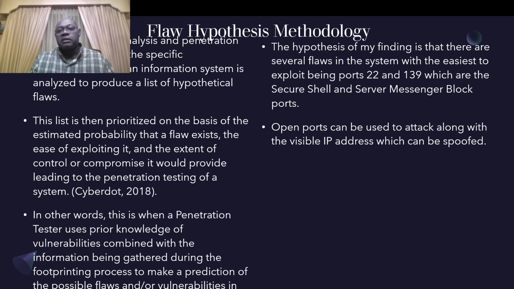The hypothesis in my finding is that there are several flaws in the system, with the easiest to exploit being port 22 and port 139, which are the Secure Shell and the Server Message Block ports. Open ports can be used to attack, along with the visible IP address, which can be spoofed.